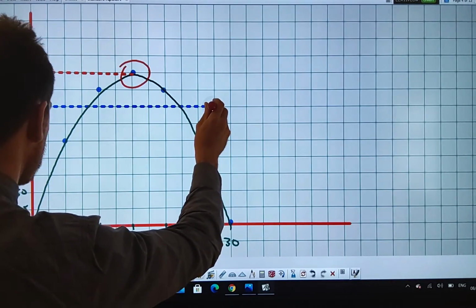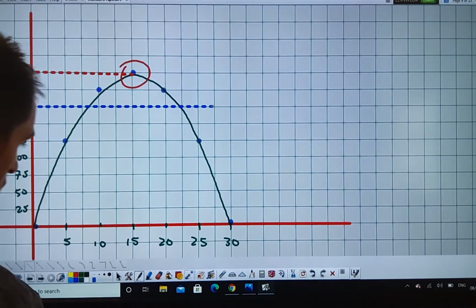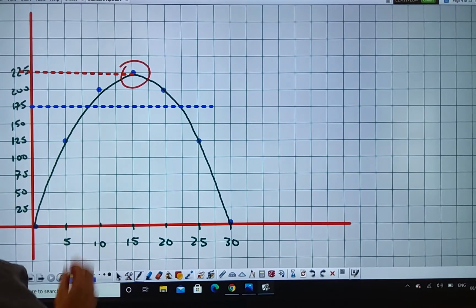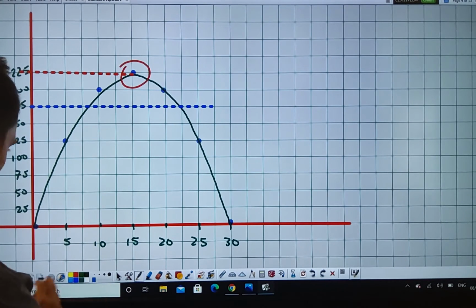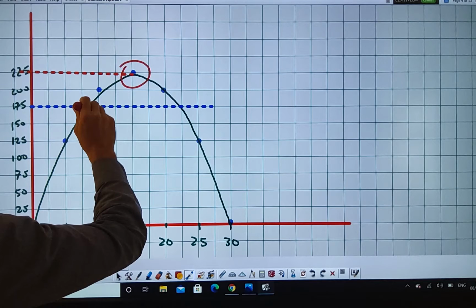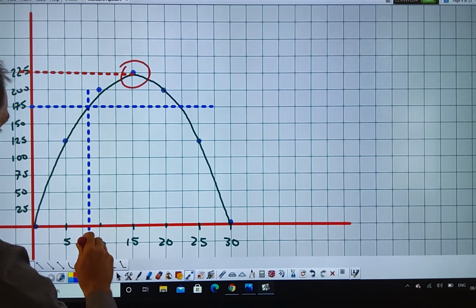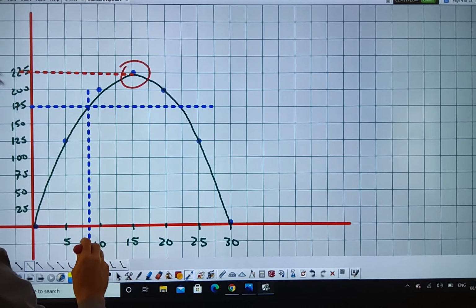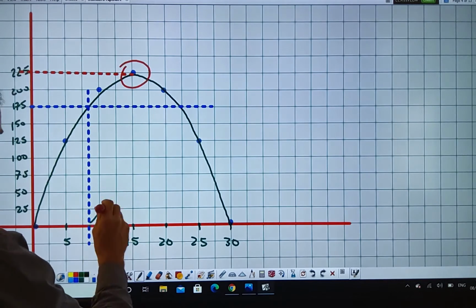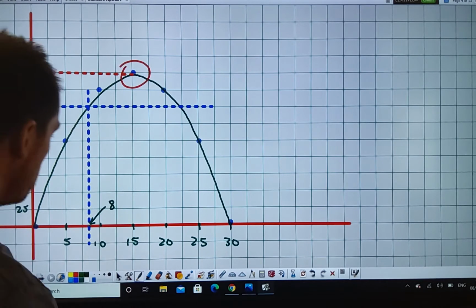Wherever it meets the curve, you bring it down, and that's roughly equal to 8. So that's 7, so it's roughly equal to 8. So this point here is 8.